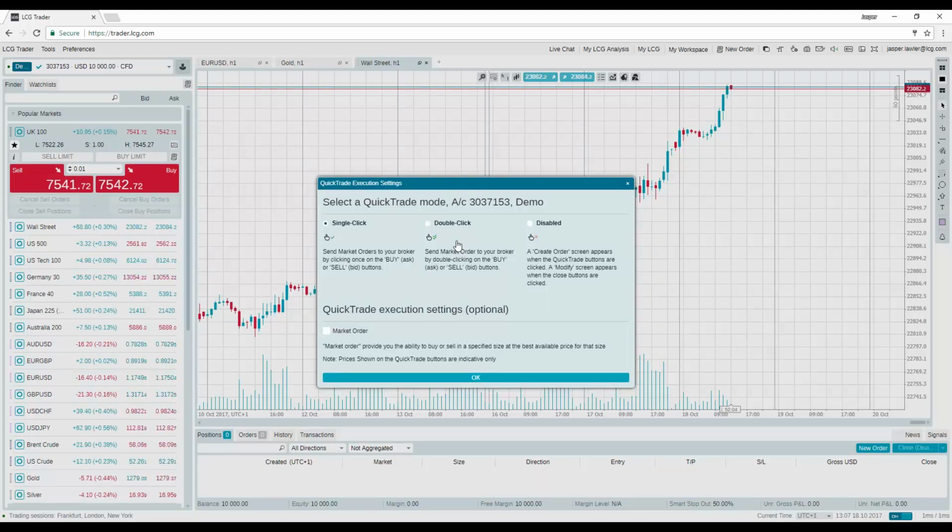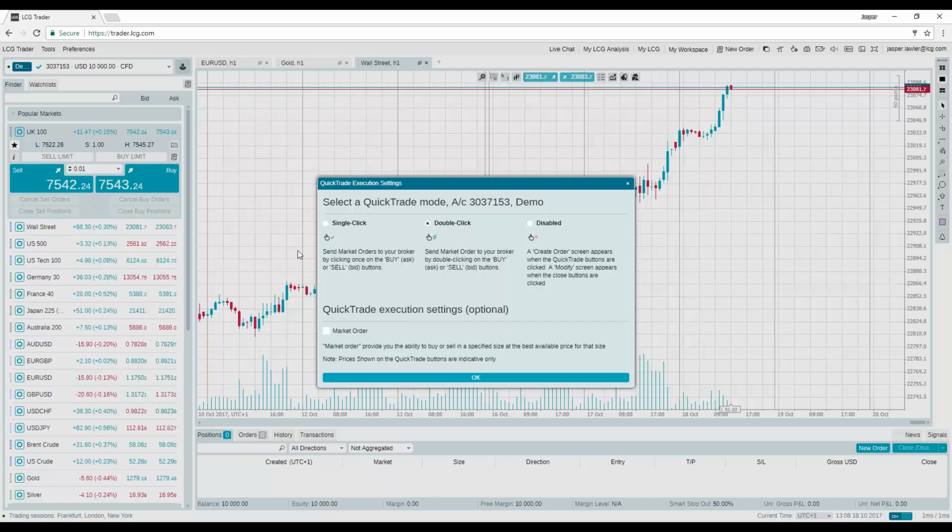The first time you do this in your trading account, there's a good bit of flexibility here. What this means is that you could have it set up so that if you just click sell, that's it. You're straight into a sell trade of 0.01 lots. What I personally prefer is a double click. So who knows, the cat treads on the mouse, or you accidentally click on the wrong instrument.